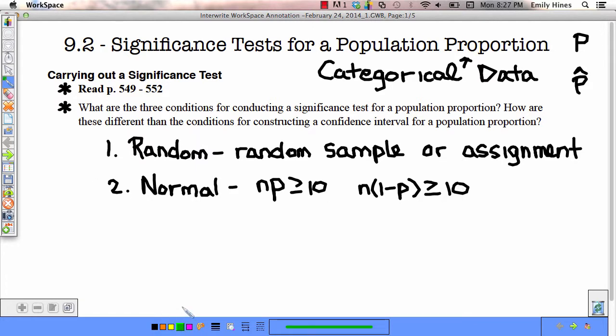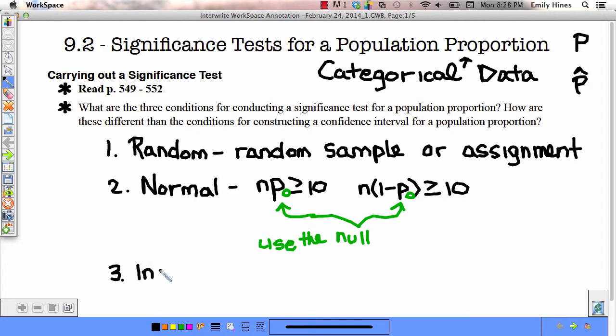You are going to use the null. So I'm going to put p sub 0 here because this is the null value. Because remember, we always assume that the null is true. We always assume the null is true. So when we're calculating our conditions, we are going to use the null.